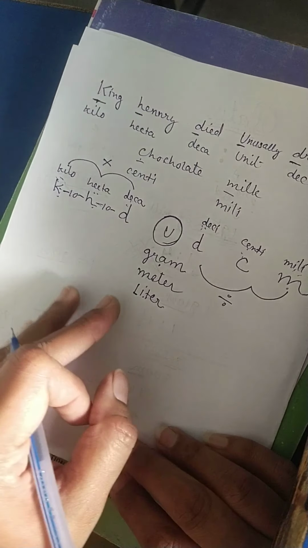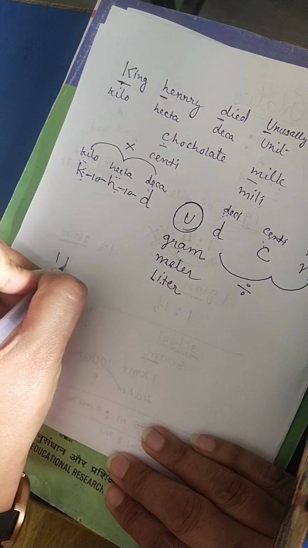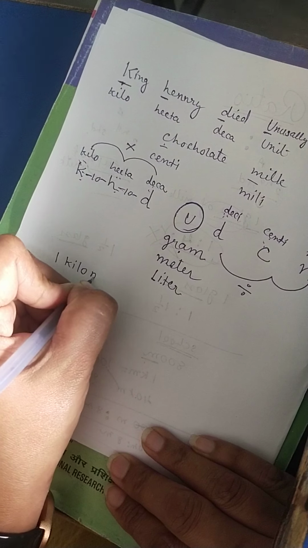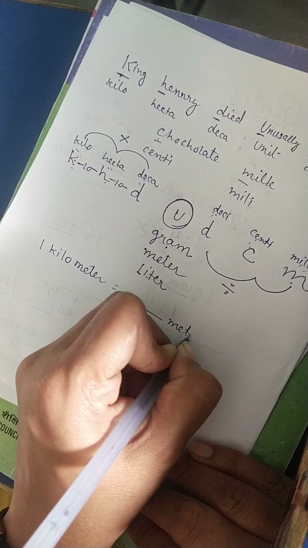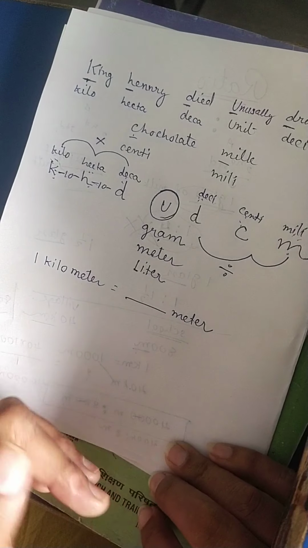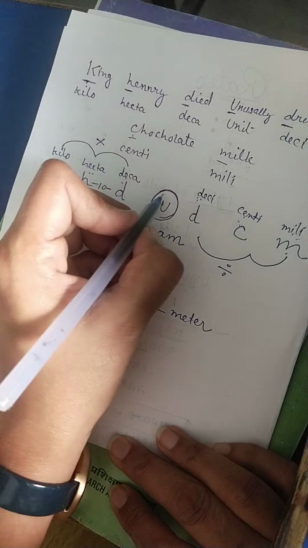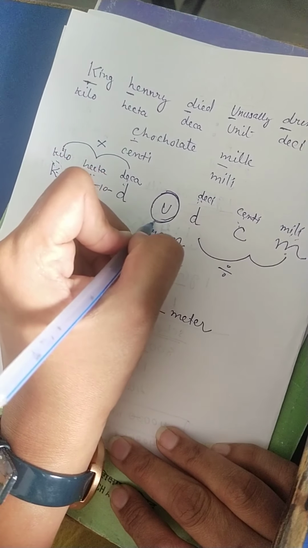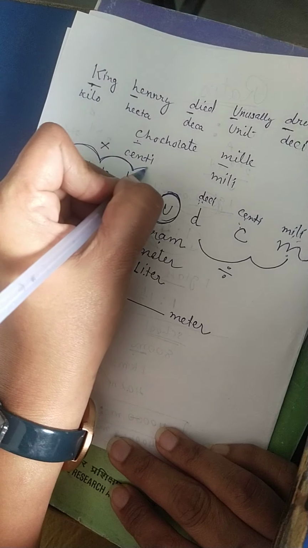Now we start with a simple example. 1 kilometer is equal to dash meter. Where is my meter? Here. How many jumps are required to reach meter? 1, 2, 3.